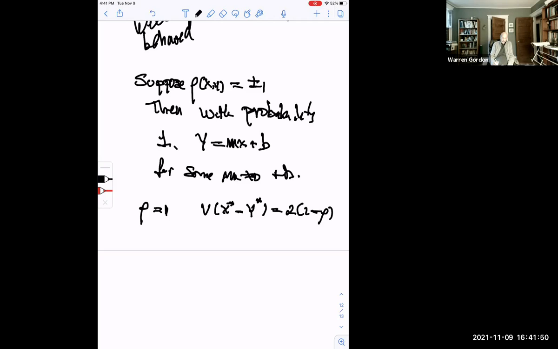And we showed if rho is 1, this is equal to 0. And we already proved using Chebyshev's inequality that if the variance is equal to 0, the variance of any random variable, let me just say it this way then.